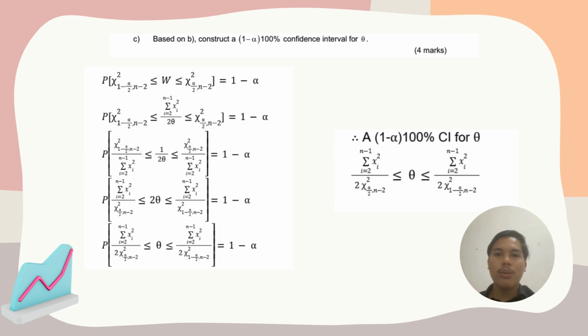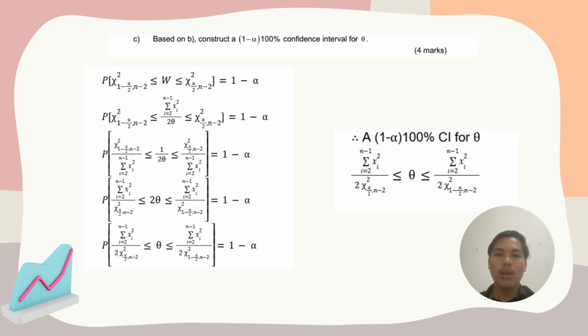So we get P[summation from i equal to 2 to n minus 1 of Si square over chi-square alpha over 2, n minus 2 less than or equal to theta less than or equal to summation from i equal to 2 to n minus 1 of Si square over chi-square 1 minus alpha over 2, n minus 2] equal to 1 minus alpha. Since there is not a single theta, we need to divide by 2 on both sides.